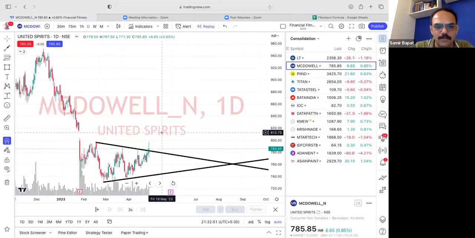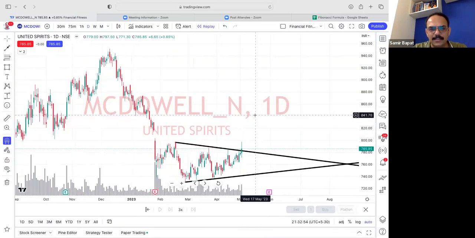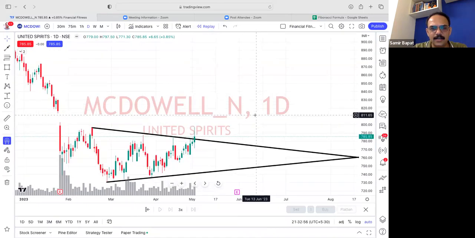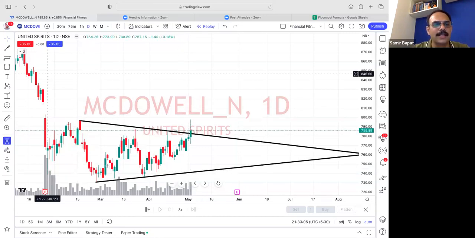Okay, so McDowell I had posted a few days back. This is a consolidation, and today McDowell has closed above. So we can technically say that the breakout has happened for the triangle. For this triangle, what is the target?